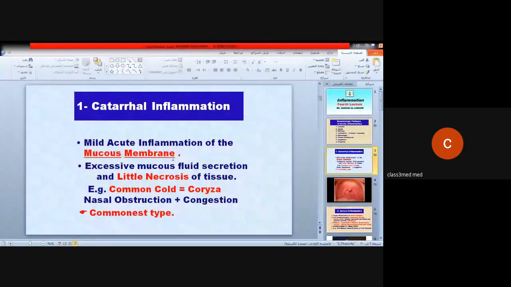An example of catarrhal inflammation is the common cold or coryza, which is very common. There is nasal obstruction and nasal congestion with excessive mucus secretion from the nasal mucosa.